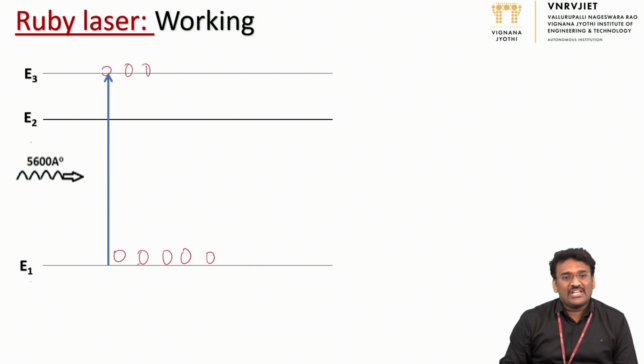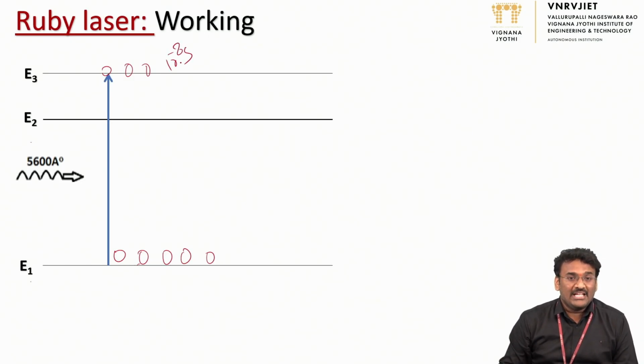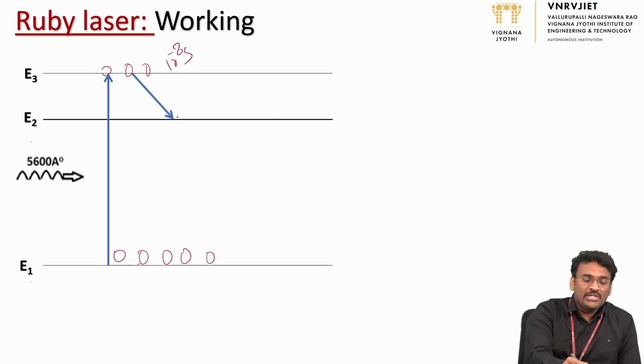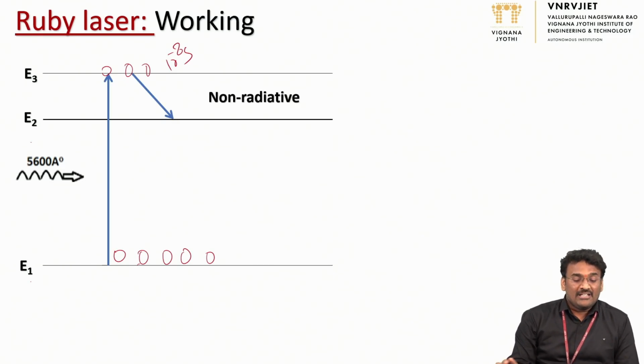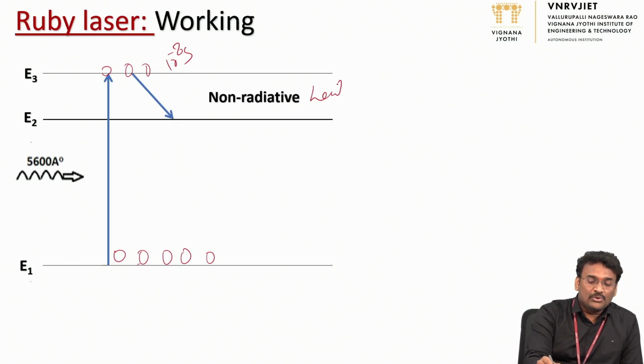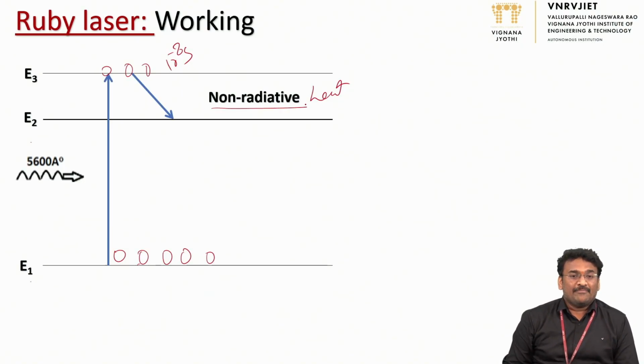There is no speciality for the E3 state, it is a short-lived state, and after 10 power minus 8 seconds, that is after their lifetime, they come back to the E2 state. While they move from E3 to E2, they don't emit any photon, but they emit heat. So we call it a non-radiative transition. Heat will be released.